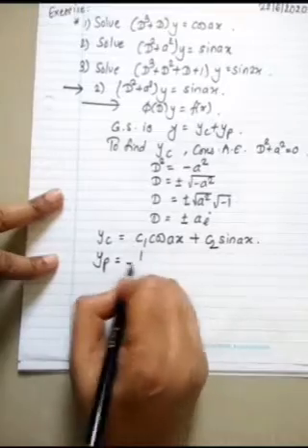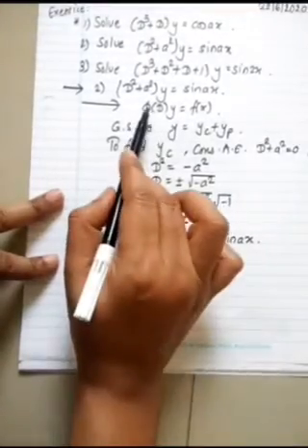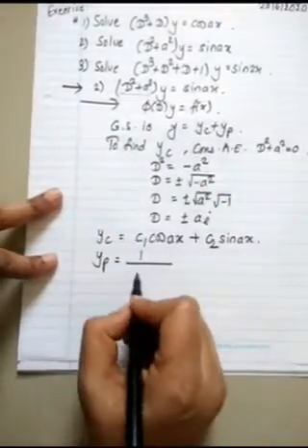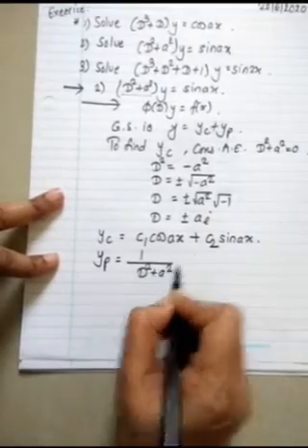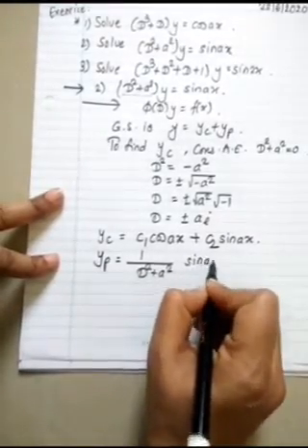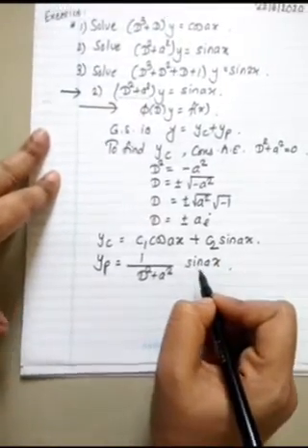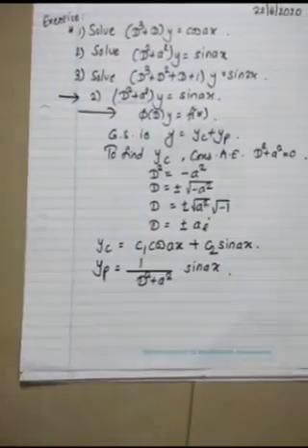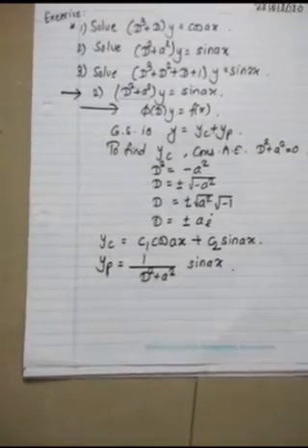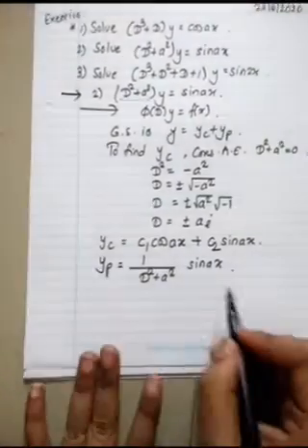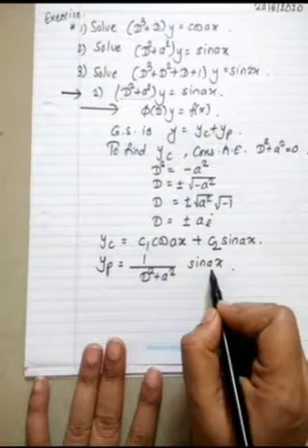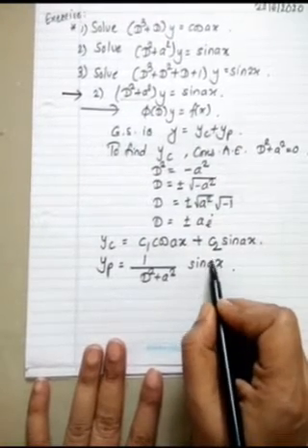yp is 1 upon phi(D). What is our phi(D)? D square plus a square, into sine ax. Now, we check the function is sine, and we know the sine-cos case. We need to find a, that is, minus a square.